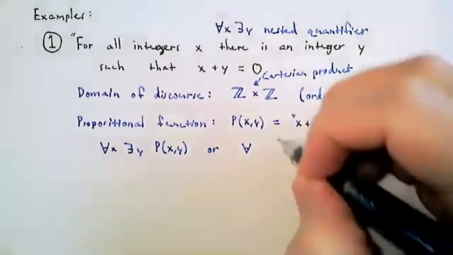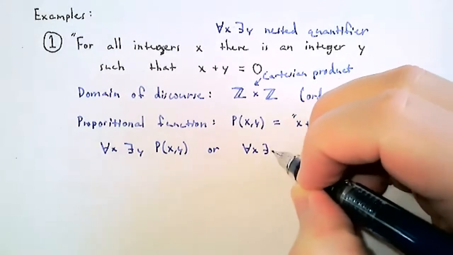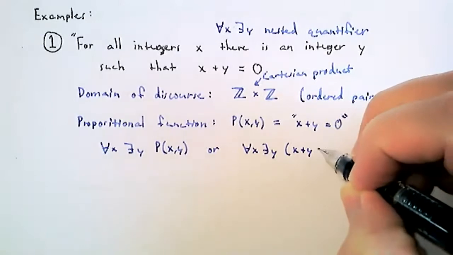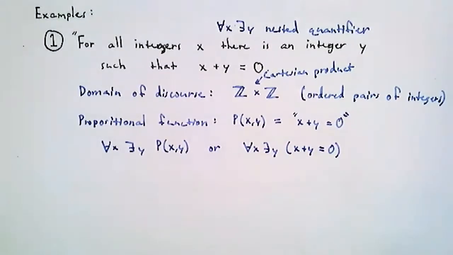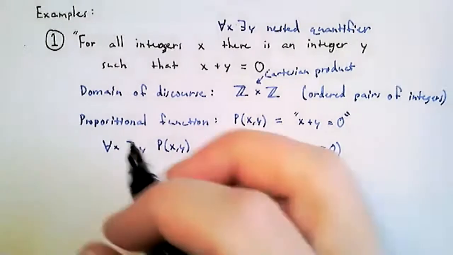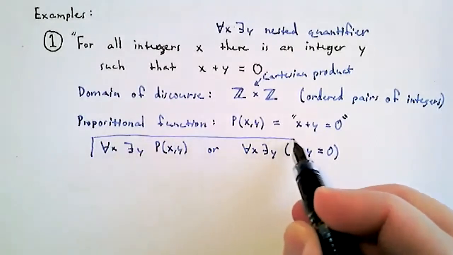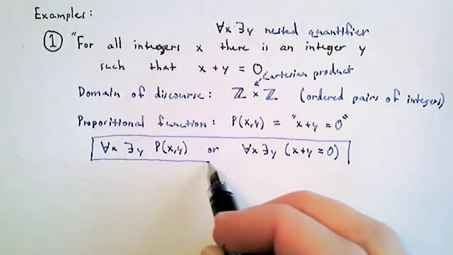That would look like this. For all x, there exists a y such that x plus y equals 0. So either of these two ways work to express the sentence symbolically.